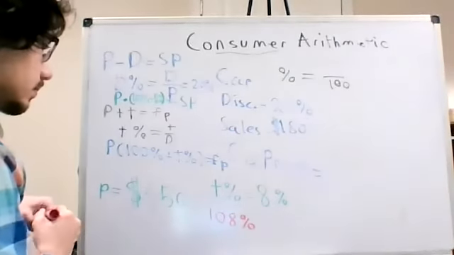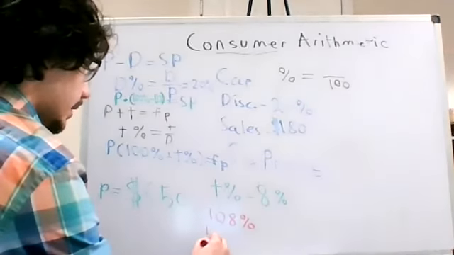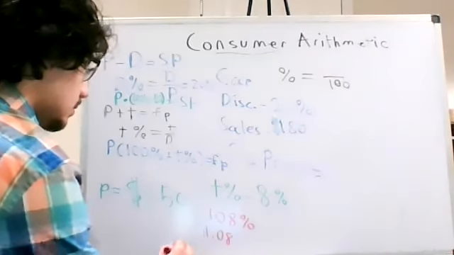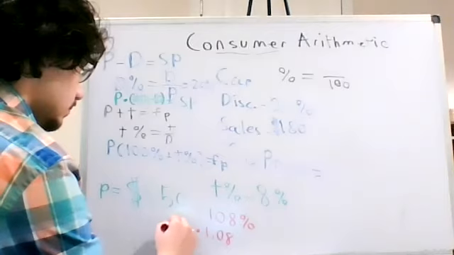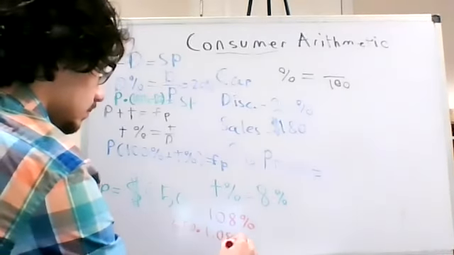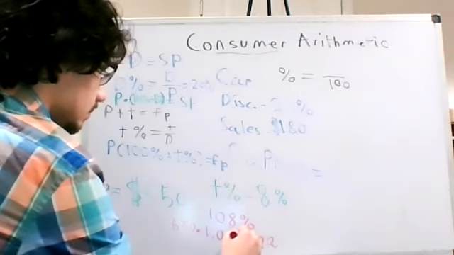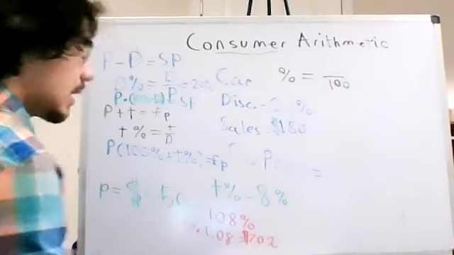Then you change it to a decimal, which is 1.08. Then multiply it by the price, which is 650 times 1.08 equals $702. Very good.